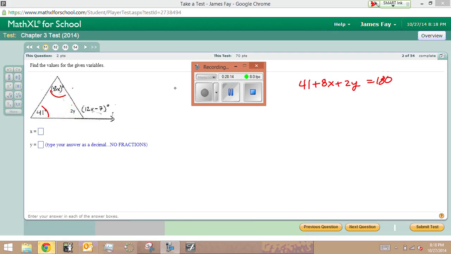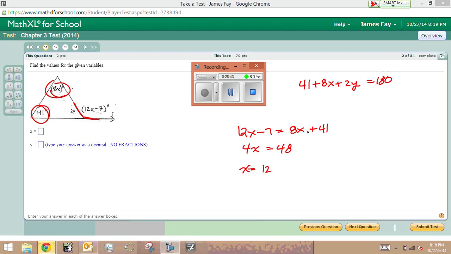So now I'm going to look at that exterior angle and these two remote interior angles, and I'm going to say 12x minus 7 is equal to 8x plus 41. I'll subtract 8x from both sides and get 4x. I'll add 7 to both sides and get 48. So x then is equal to 12.